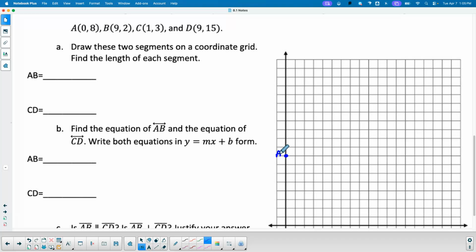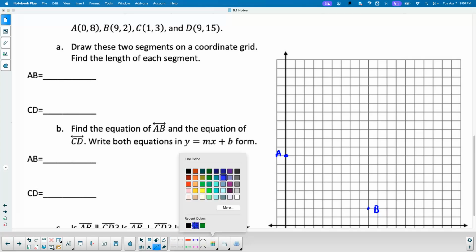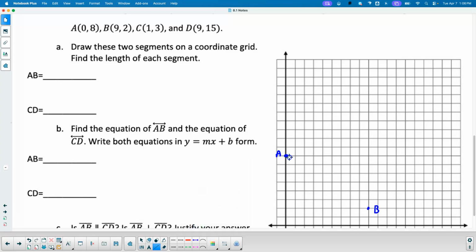Point B would be 9, 2. 1, 2, 3, 4, 5, 6, 7, 8, 9, then 1, 2. Yep, point B is right there. So we can connect those. There is segment AB.